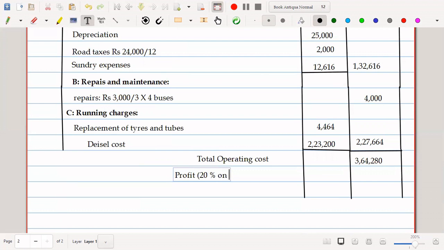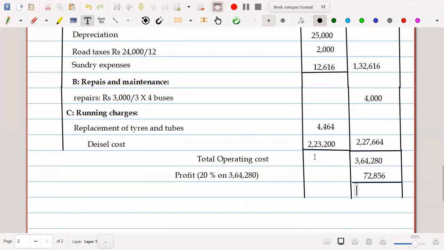That is 20% on 3,64,280. What will be the amount here? It comes to 72,856.